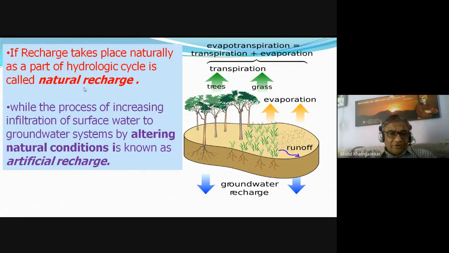Okay, natural. But sometimes this natural process gets disrupted due to the overuse of the groundwater. Then we need to recharge this groundwater by additional human efforts.